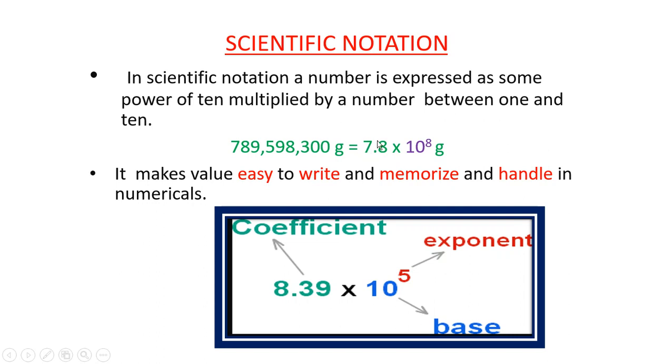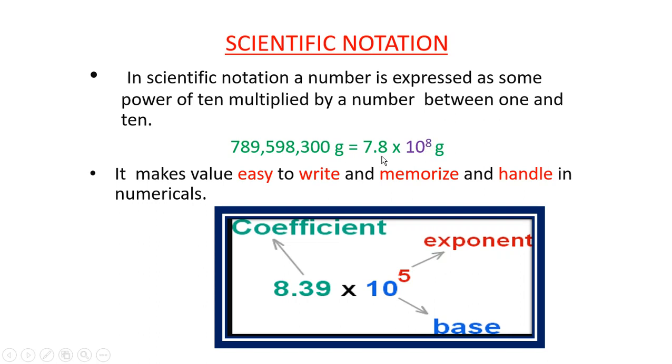We have a number between 1 and 9, and then we use the multiplier of 10 to express the values. As you can see, we have a big value having 9 digits, so it will be difficult for us to memorize this value and use it in calculations again and again. So we will convert it into scientific notation, using a multiplier of 10, and we have a power, an exponent.